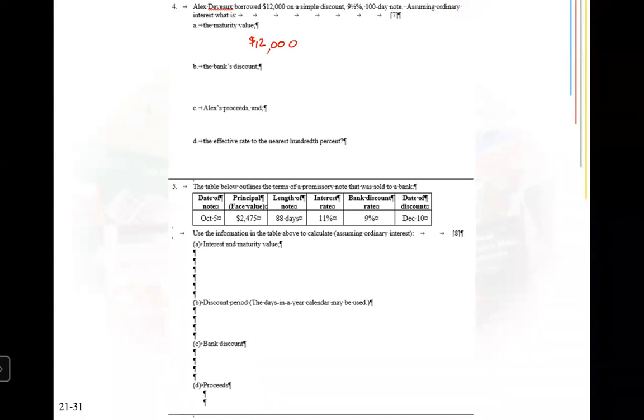The bank discount would be 12,000 times 0.095, 9.5%, times 100 over 360, which gives you $316.67.